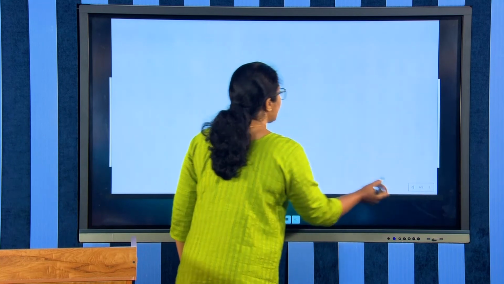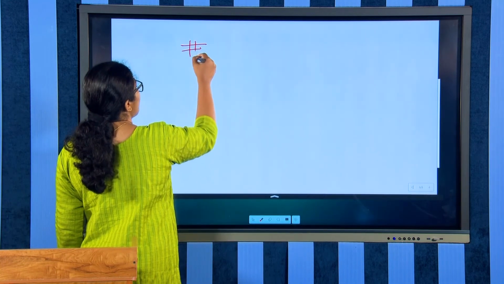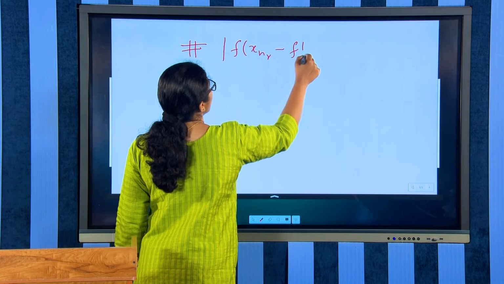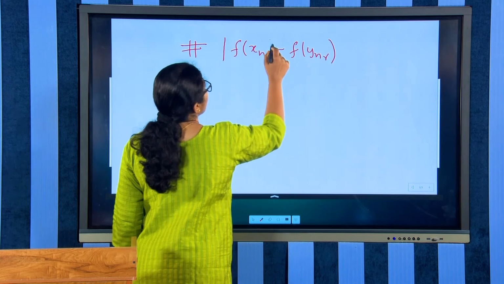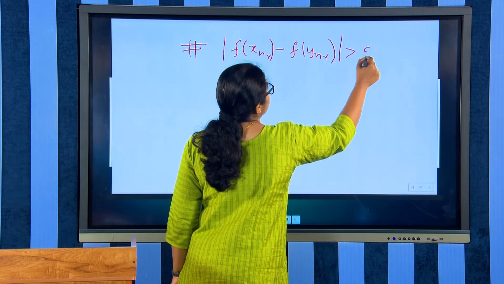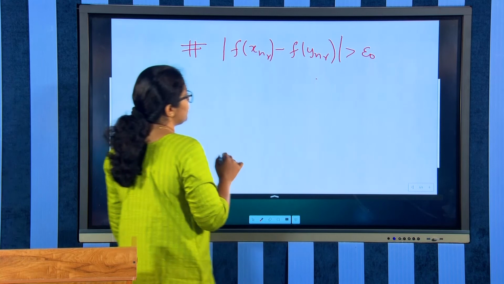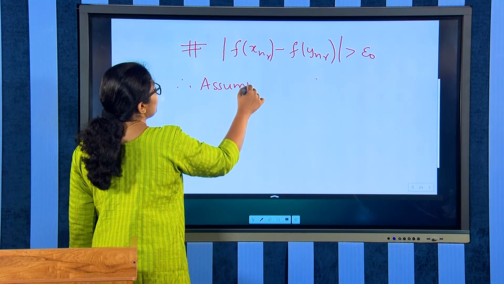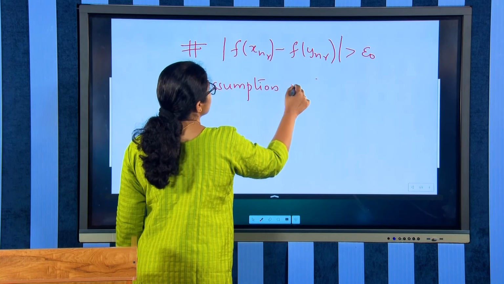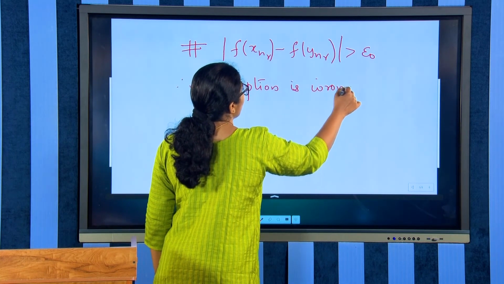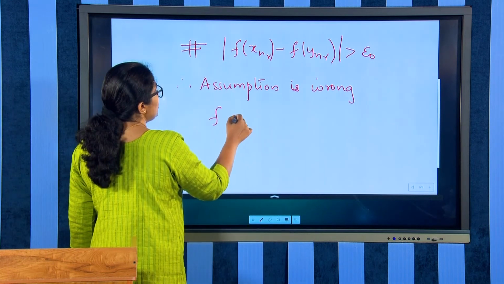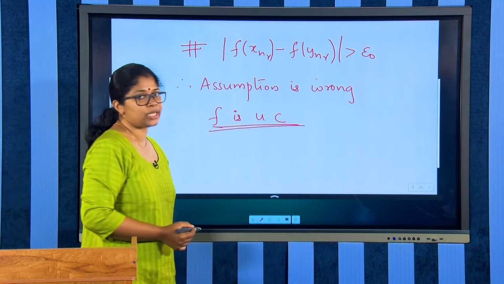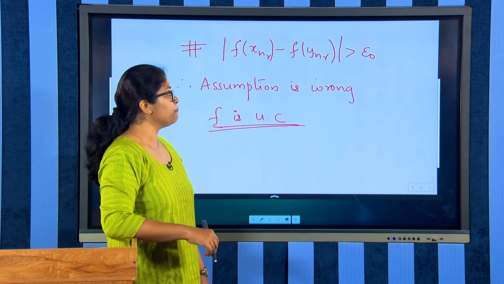This contradicts the fact that modulus of f of xnr minus f of ynr is greater than epsilon naught. So that is a contradiction. Hence our assumption is wrong. We cannot have f to be non-uniformly continuous, which forces our function f to be uniformly continuous.